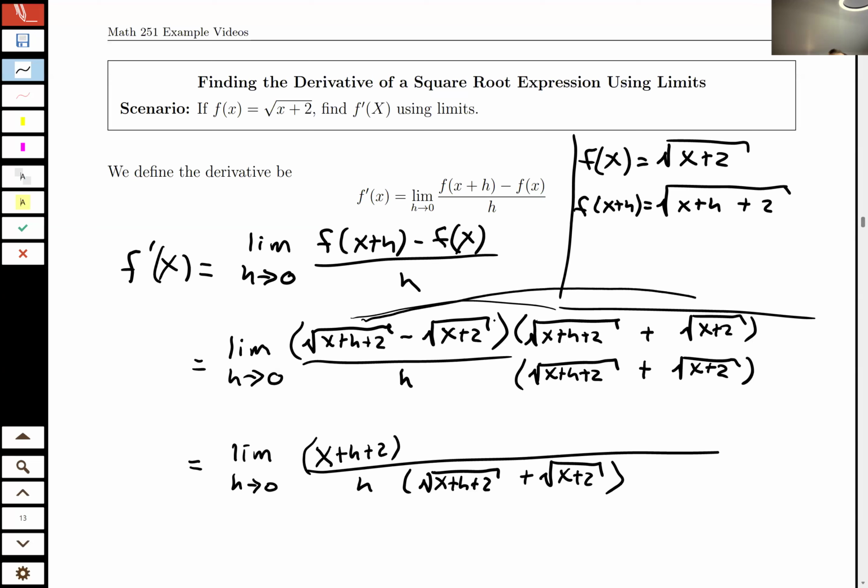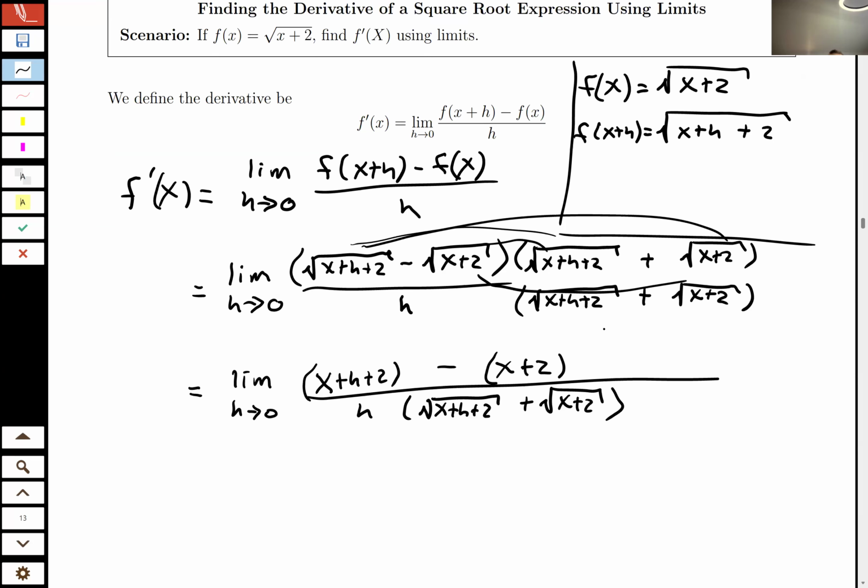I'm going to have a plus and a minus of the same thing. That's going to cancel out. So the only other piece I have, the O and the I of the FOIL have canceled, is the L, the last. If I multiply the square root of x plus 2 times the square root of x plus 2, that gives me x plus 2 with no square root. The square roots have canceled.